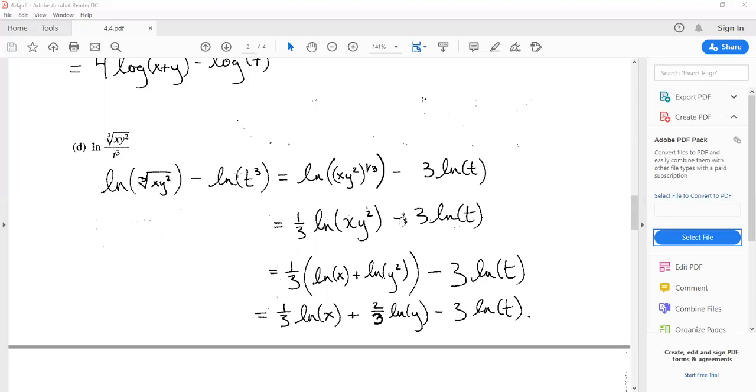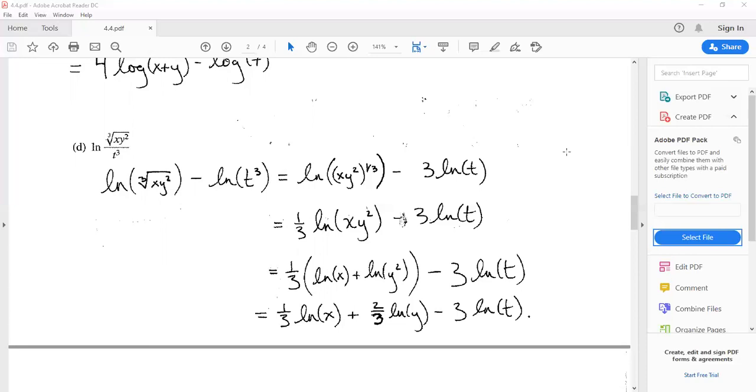So in the next step, I'm just going to rewrite this cube root of xy squared as the quantity xy squared raised to the 1/3 power. So I'll have natural log of xy squared to the 1/3 power minus 3 times natural log of t, where here I've invoked rule 7 and yanked out the 3. And now I can yank out this 1/3 here. So in the next step, I'll have 1/3 times the natural log of xy squared minus 3 times natural log of t.